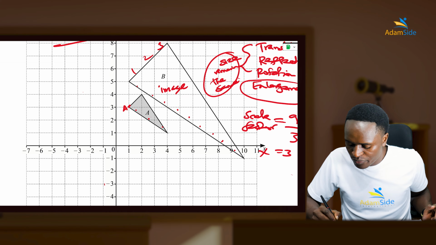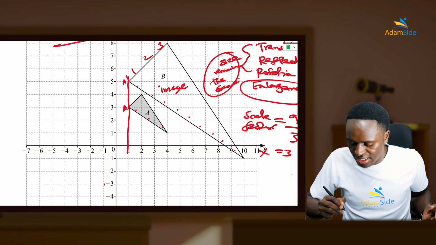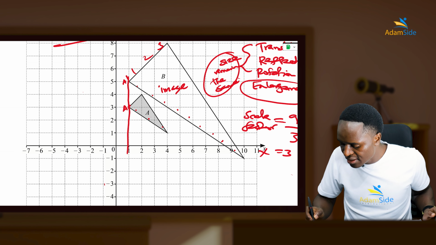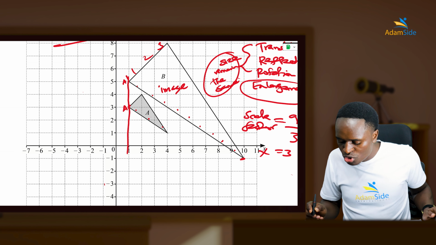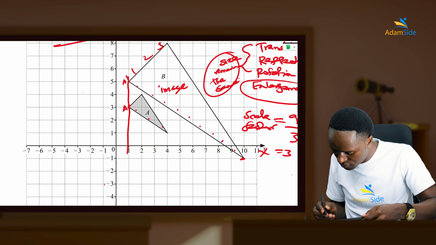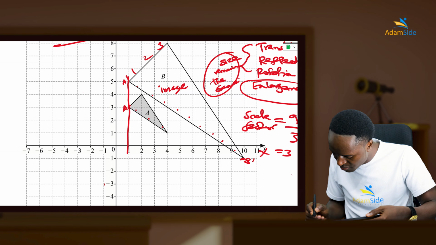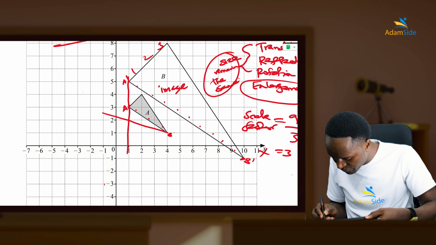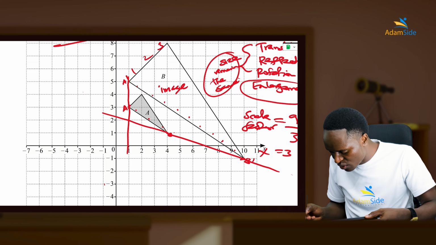If this was A, go to A image and draw a very straight line. And this is B. Draw a straight line from B image to B. Connect with a straight line. Make sure that it is straight.